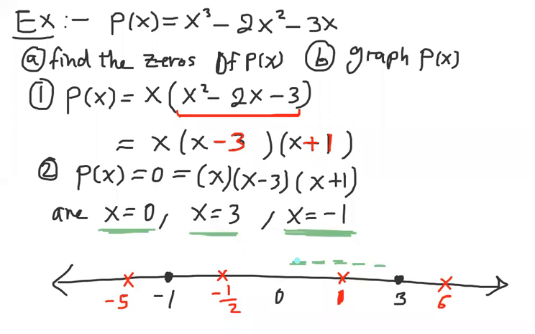I'm sorry, between 0 and 3 is negative, and between -1 and 0 is positive. Then the function again here is positive for any number greater than 3, and any number less than -1 is negative. Just plug these numbers inside this polynomial function.